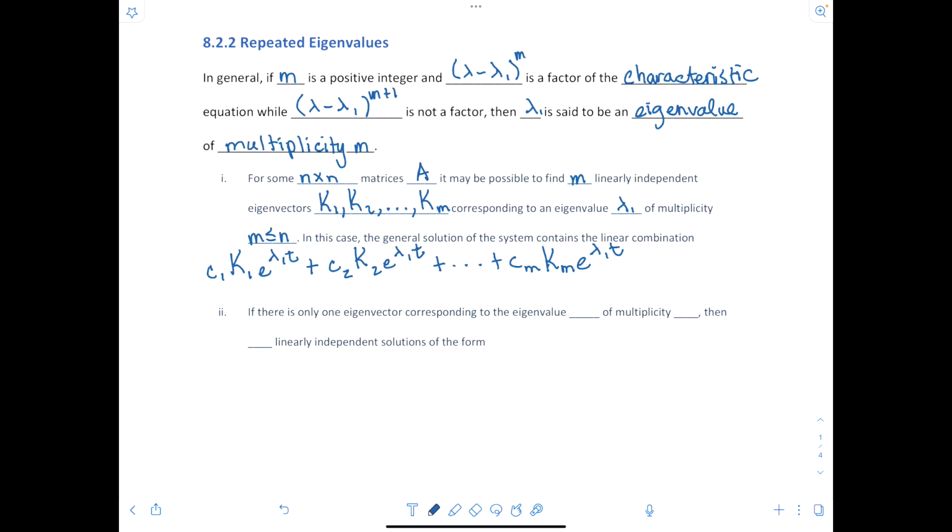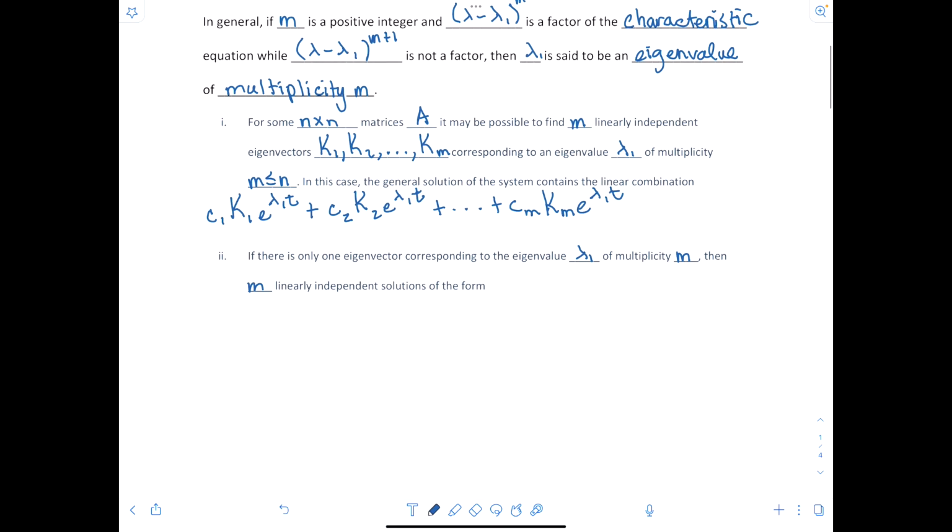Cool? All right. If there is only one eigenvector corresponding to the eigenvalue lambda 1 of multiplicity m, then there are m linearly independent solutions of the form capital X1 equal to capital K11 e to the lambda 1t.